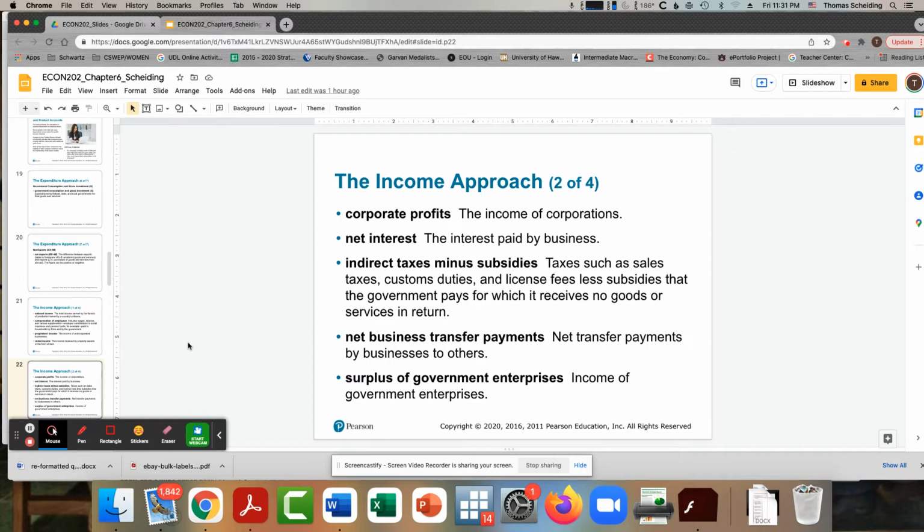Then you've got payments within the business. And then finally, we have the unlikely situation where a government might earn a profit, although we can't call it a profit because a government is basically a not for profit. So we would just call it a surplus.